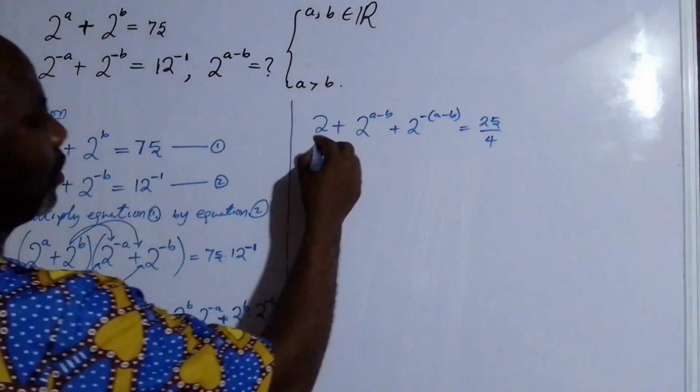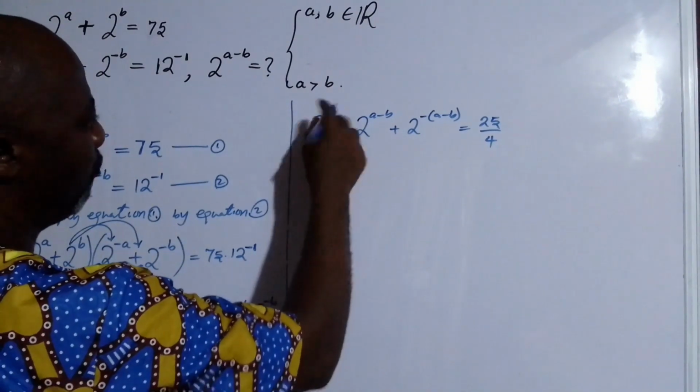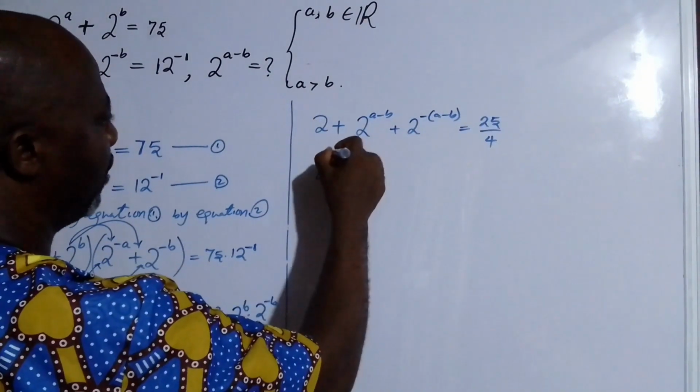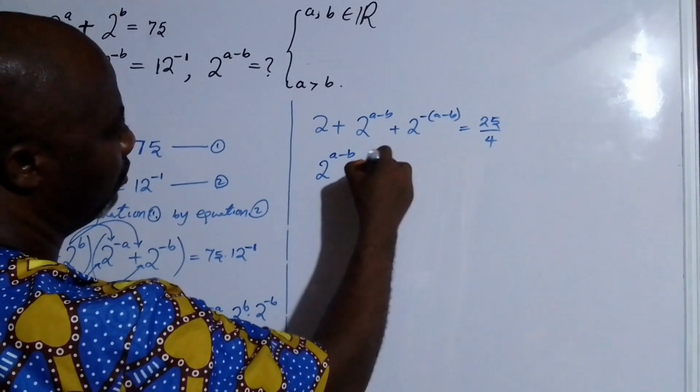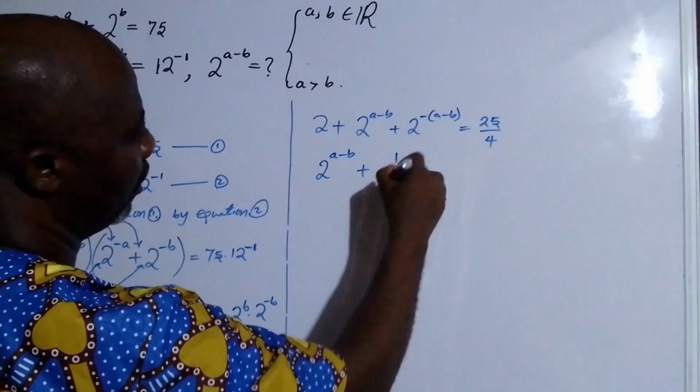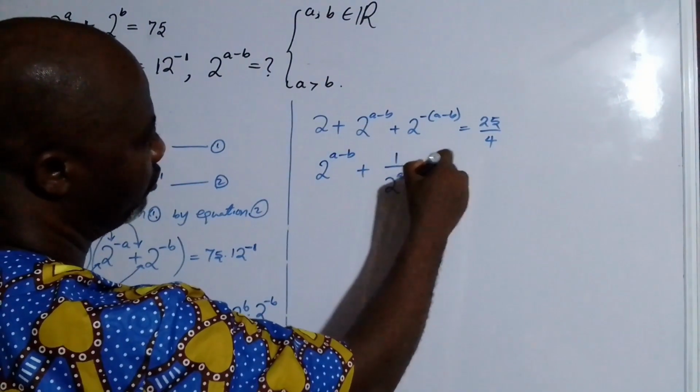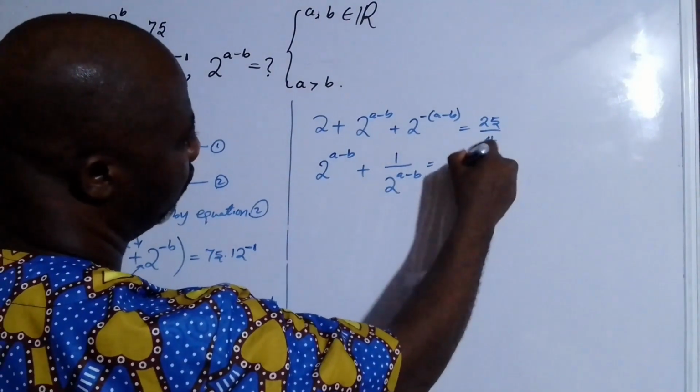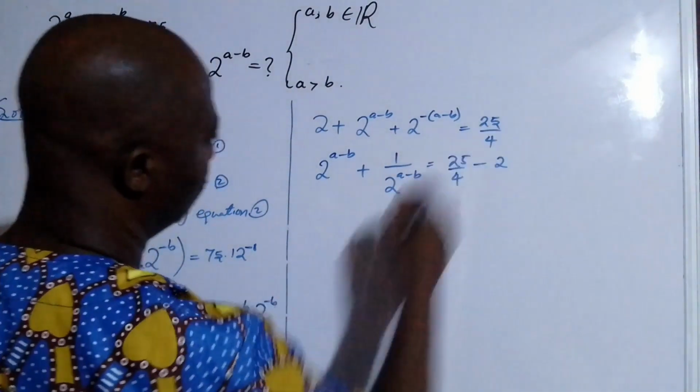Right. I'm going to move these two over to this side. So you have 2^(a-b) plus 1 over 2^(a-b) equal to 25 over 4 minus 2.